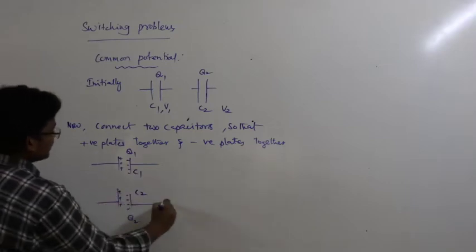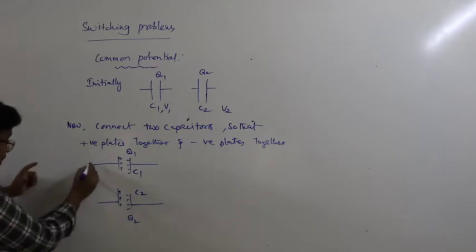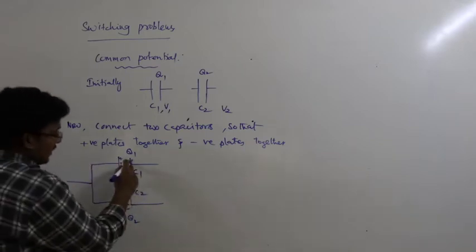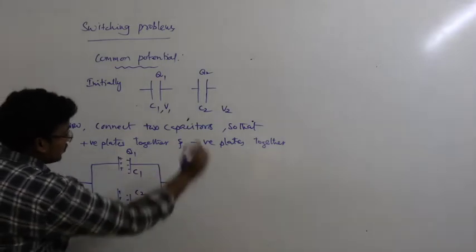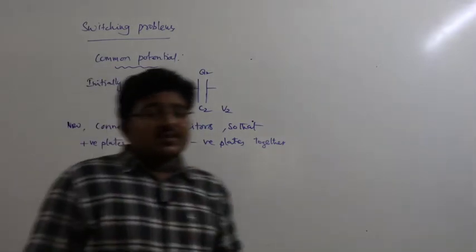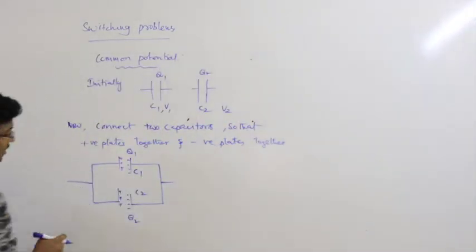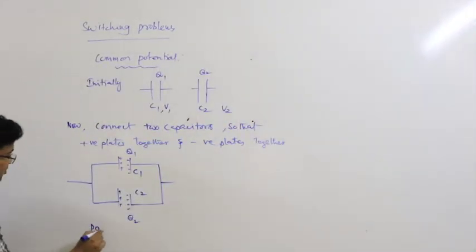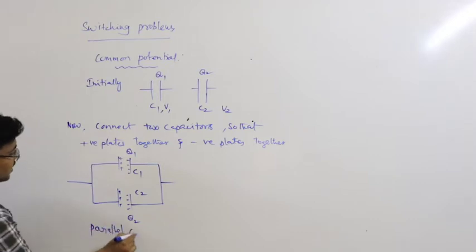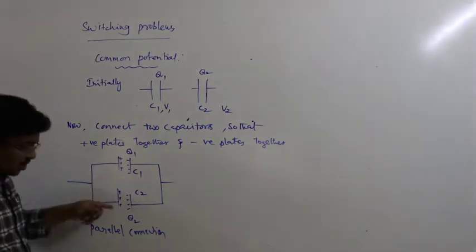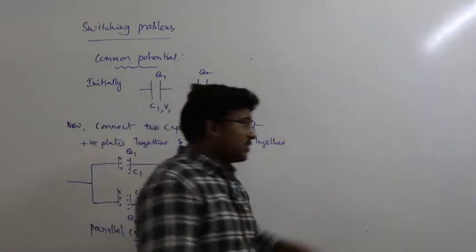Now I am connecting such a way that plus charges are together, negative charges are together. You know that when end points are same, they are said to be connected in parallel. So what is the connection? It is parallel connection.